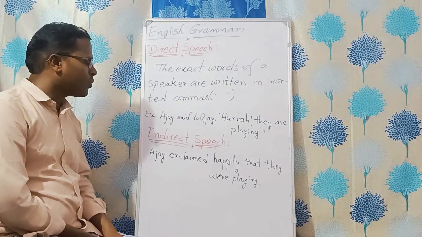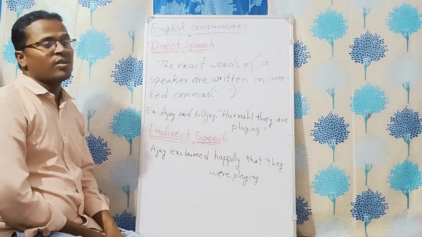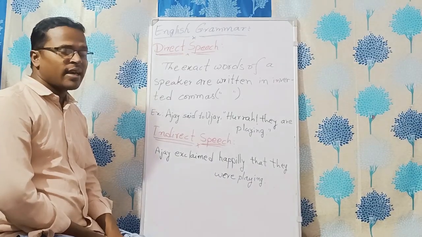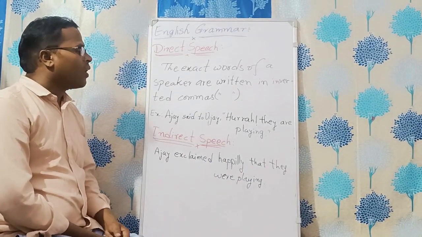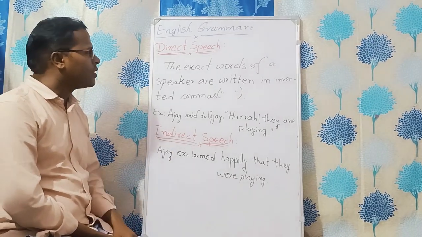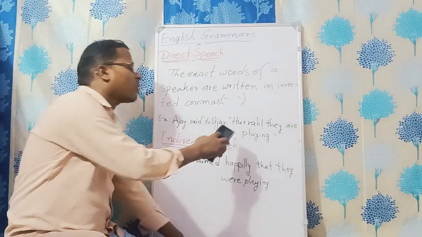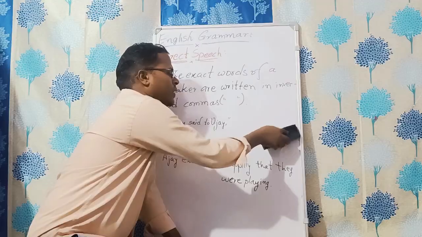You have to remember removing the comma and inverted commas are also important, and you have to remember how the speaker and the listener are talking, how they are conveying the information to others. You have to remember.